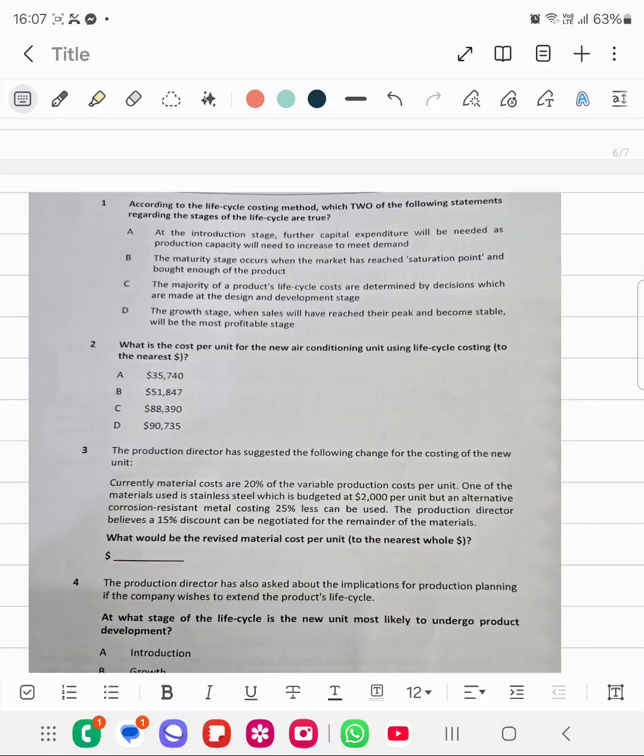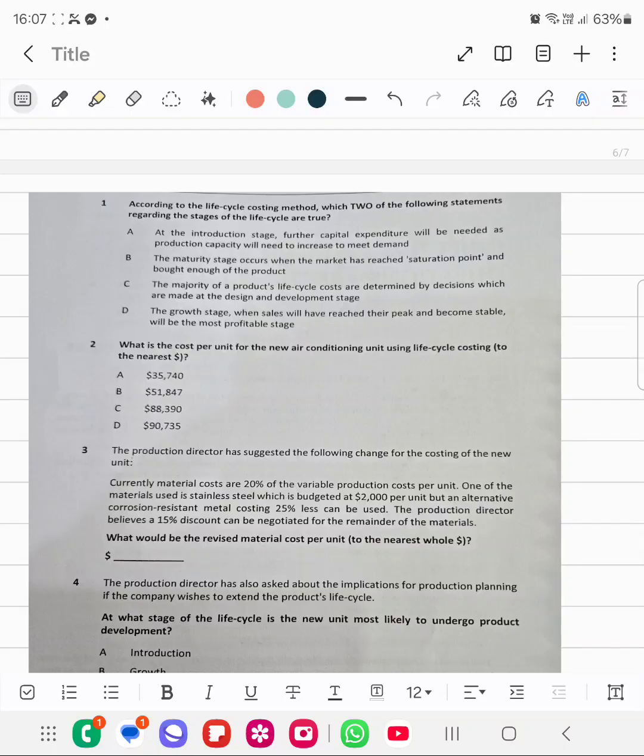After maturity, the demand would start declining at a certain point of time, and that stage is called the saturation point. So this is not the correct option. B is definitely not the correct option.